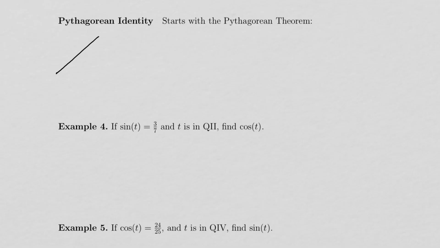If you have a right triangle and the lengths of the two legs are, say, A and B, and the length of the hypotenuse is C, then the Pythagorean theorem says that A squared plus B squared is equal to C squared.